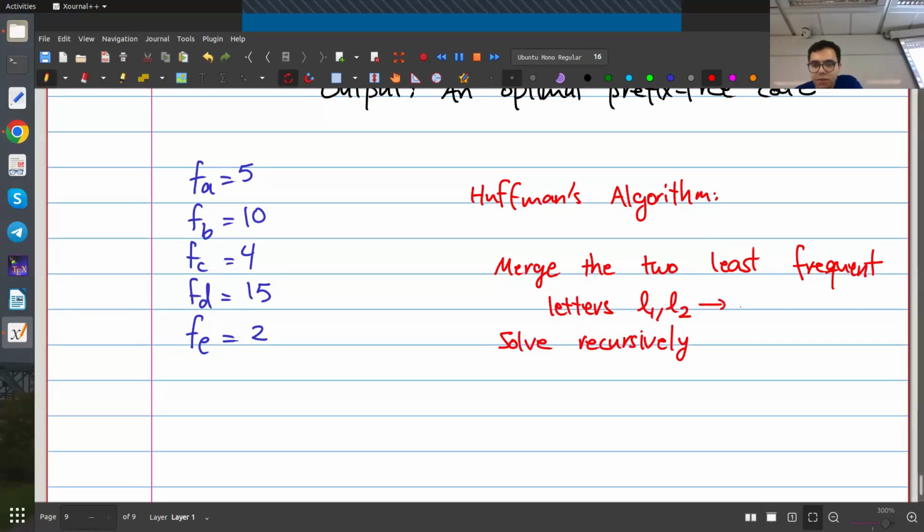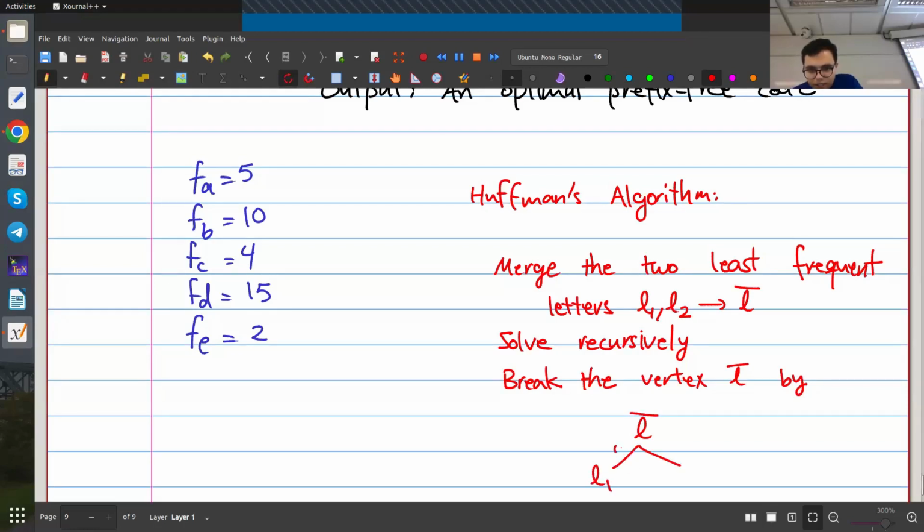And I merged them into some L bar, a new letter. Okay, I solve recursively, and then I break the vertex corresponding to L bar by adding 2 children. So I do this. I had this vertex that corresponded to L bar. I just add L1, let's say, as the left child, and I add L2 as the right child. This is Huffman's algorithm.